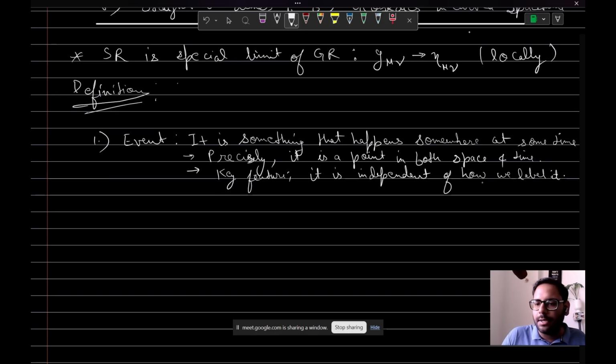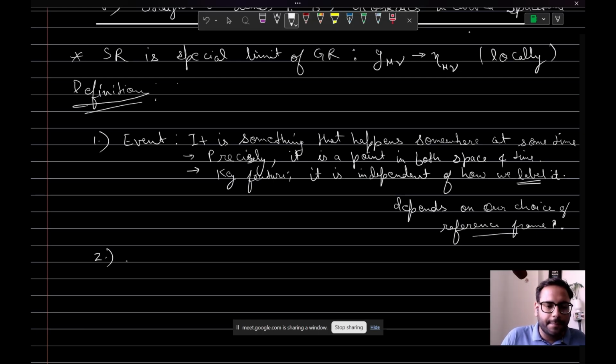The labeling depends on our choice of reference frame. And what is this reference frame? Let's define it.